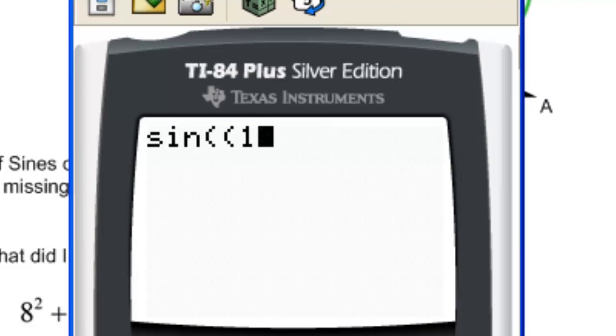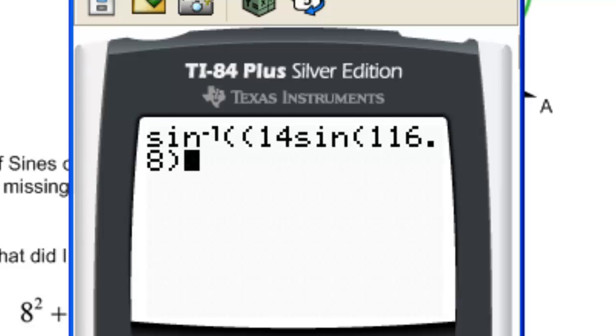I'm going to have the inverse sine, and I'm going to put the numerator in parentheses: 14 sine of 116.8, divided by 19.